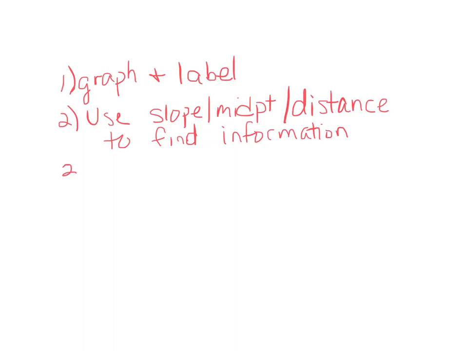And then step 3, you're going to write a conclusion. Now, this does not mean that everybody has to do these the same way. You may all, just like in regular proofs, take different approaches. That's okay.